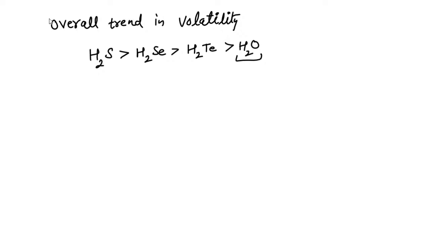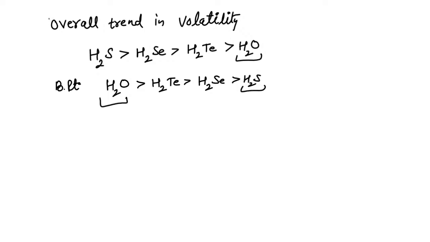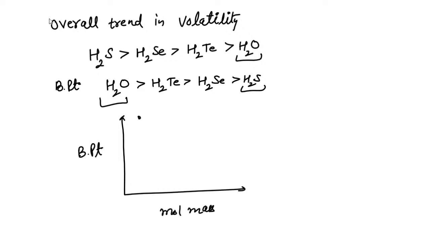And if we see the boiling point order, then the boiling point of H2O is maximum, and then it is H2Te, H2Se, and H2S. So H2O is least volatile. If we draw it pictorially, boiling point versus molecular mass, then water is at the upper end, this is H2O, then H2S, then it goes on increasing, H2Se, H2Te. This is the trend.